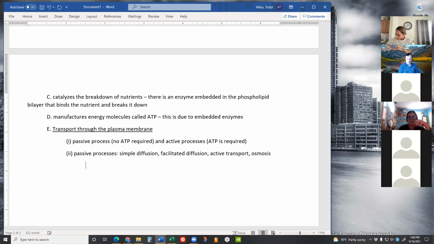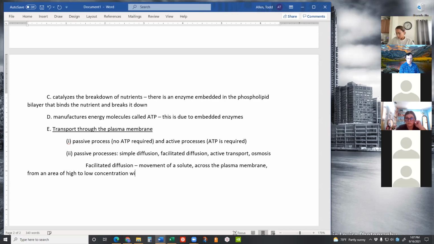Okay, so Samantha has asked about facilitated diffusion. Facilitated diffusion is the movement of a solute across the plasma membrane from an area of high to low concentration with the help of a carrier protein.